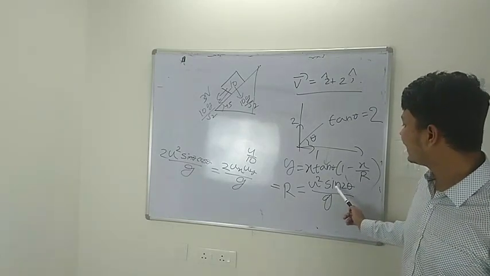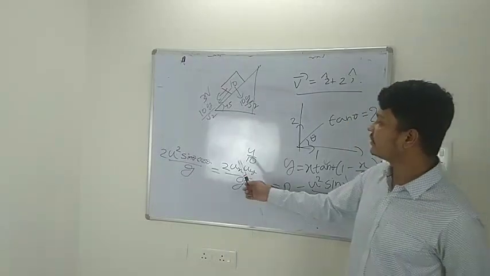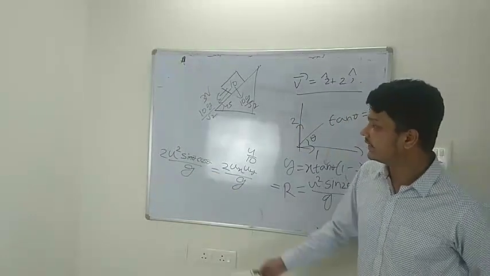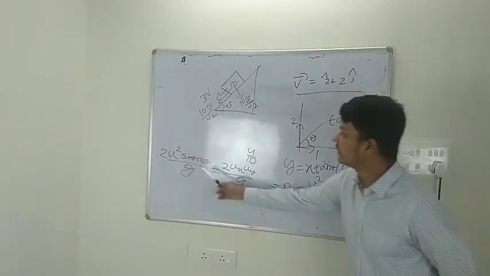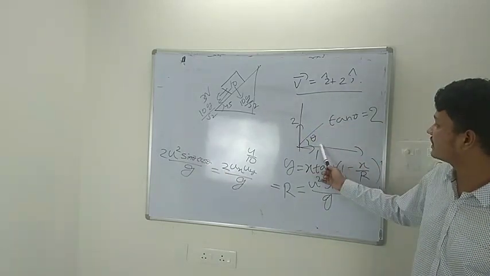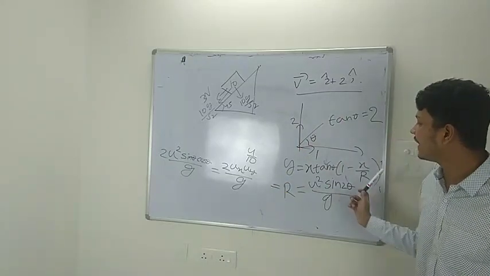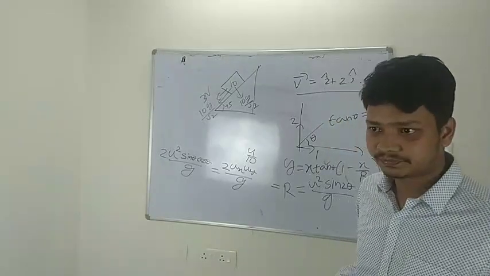And u squared sin 2 theta can be written as 2 ux uy by g, because ux is u cos theta, uy is u sin theta, and 2 sin theta cos theta is simply sin 2 theta. Any form you can write, where ux is velocity along the x-axis and uy is 2. So just put in the values and you will get the answer.